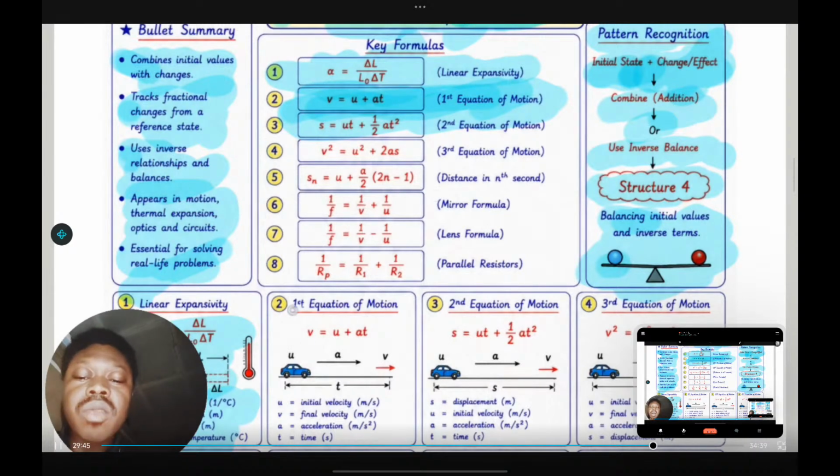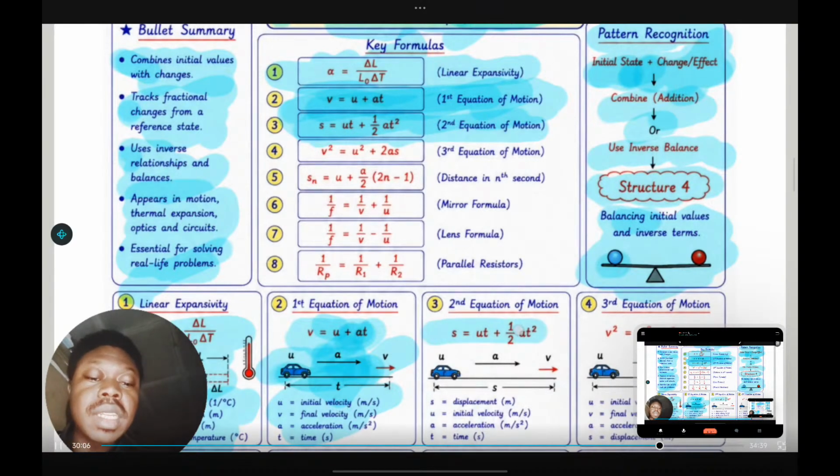Take note of this. V, which is the final velocity, equals U, the initial velocity, plus AT, A and T being multiplied, considering this particular motion. Then I have the second equation of motion: S equals UT plus half AT squared. Look at it; this structure gives you the second equation of motion.